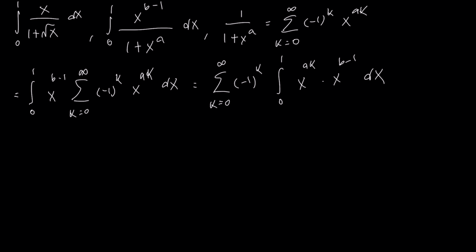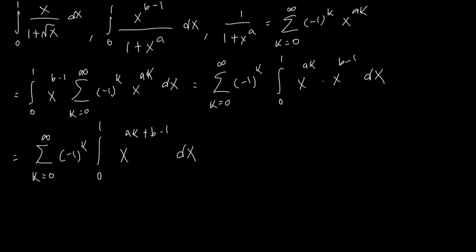And now combining the exponents, we have the sum from 0 to infinity of negative 1 to the k, and the integral from 0 to 1 of x to the ak plus b minus 1 dx.